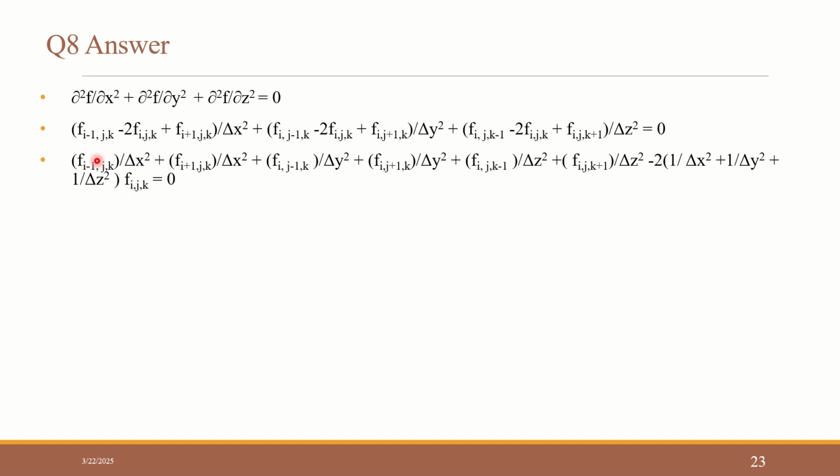So this f at i comma j comma k will become the diagonal element. These will become the off diagonal elements.